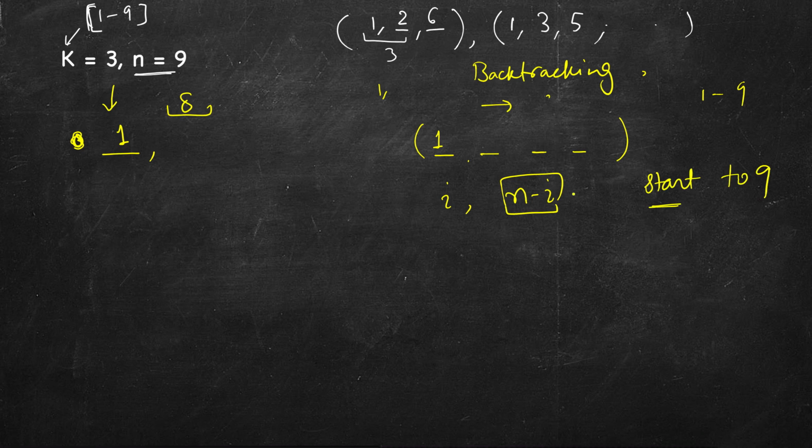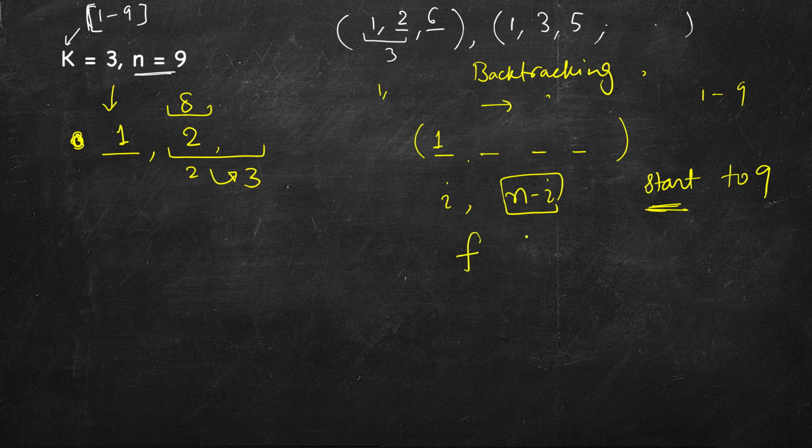Why start? Because we will call it multiple times and start will vary. So once we have put 1 here, we will need to fill 2 places, and start will be 2. We cannot take 1, we have already taken 1. So we will try all the values from 2 to 9. First possible value will be 2, and then we will pass start equal to 3 since 1 and 2 we have included. So whatever value we just include, we pass 1 more than that as the start.